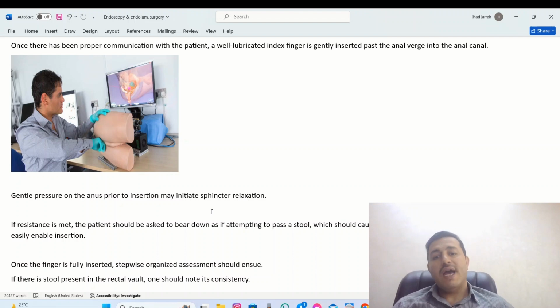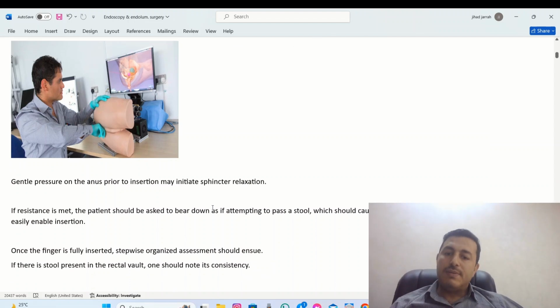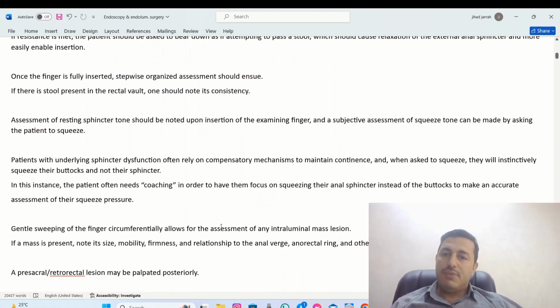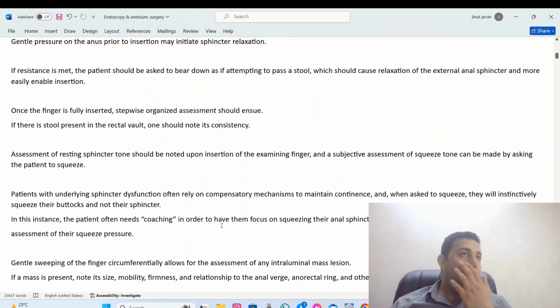If we have stool, we have to document its consistency. It's important also to notice the sphincter tone at rest and after squeezing, after asking the patient to maintain the continence. Some patients with an underlying sphincter problem will use a compensatory mechanism to maintain the continence.